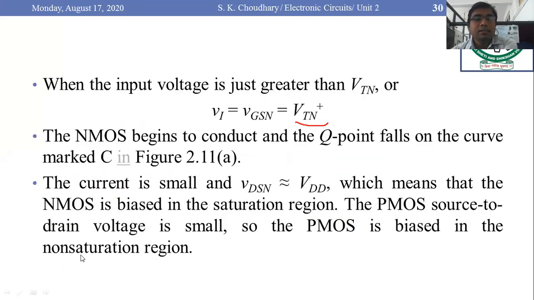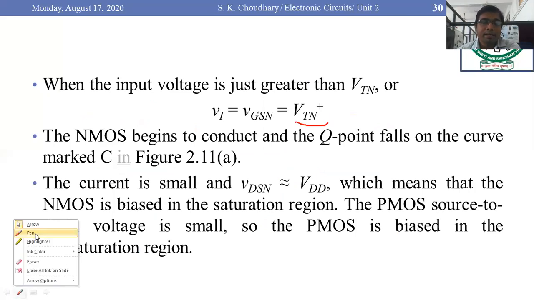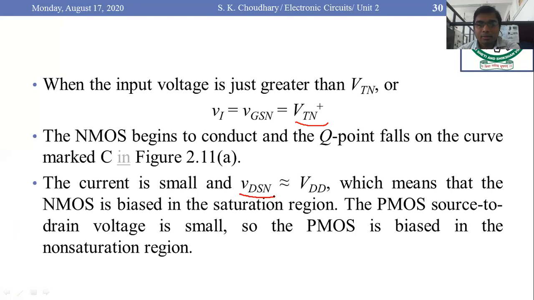And in this condition, what happens? A small amount of current starts to flow in the NMOS device. When this current starts to flow, you get a finite voltage drop across the NMOS transistor, which can be written as VDSN. Okay.